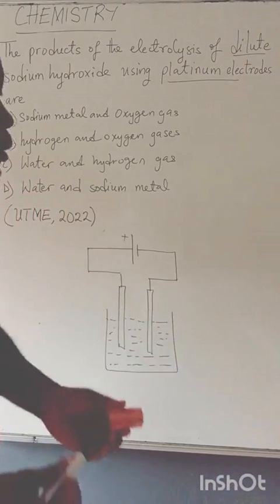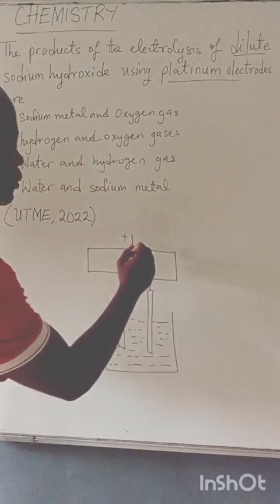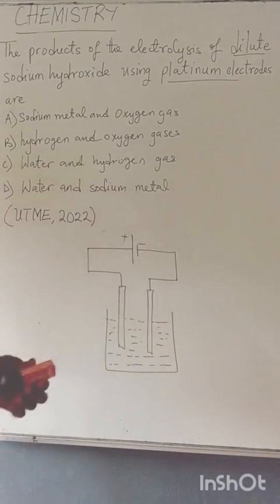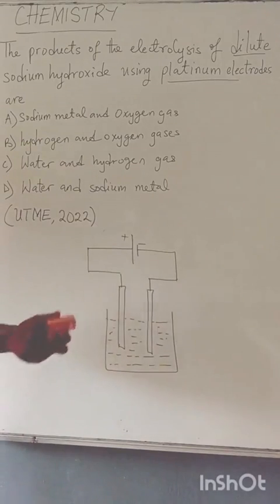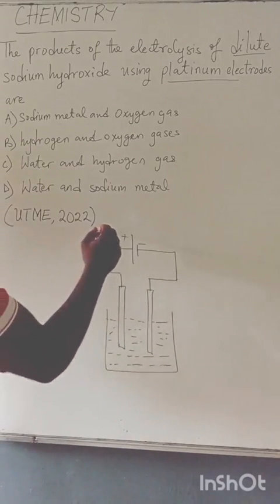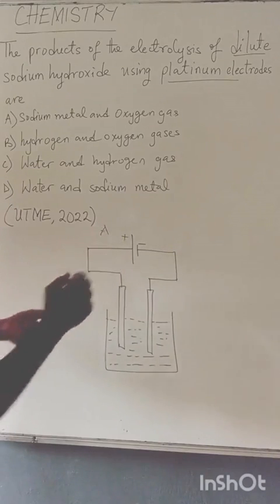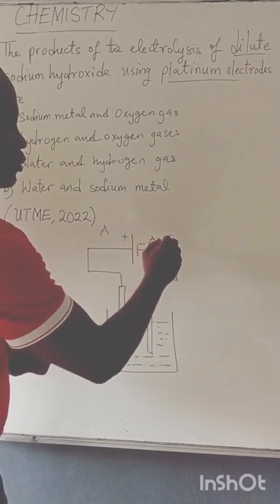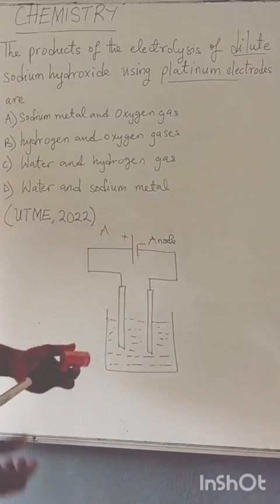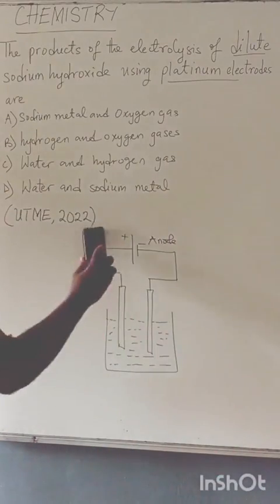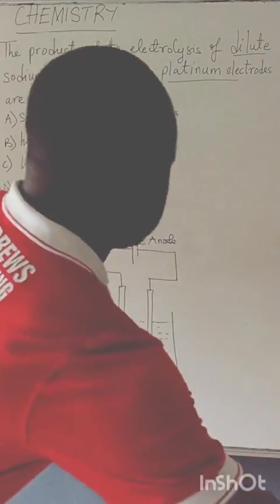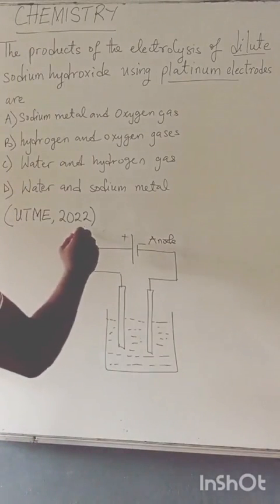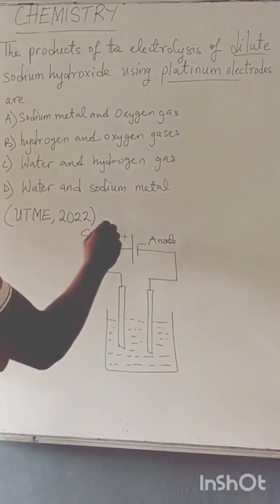This refers to this shorter terminal, this shorter line, and that is the anode. I'm going to write: the negative terminal is the anode, while the positive terminal is the cathode of the electrochemical cell.